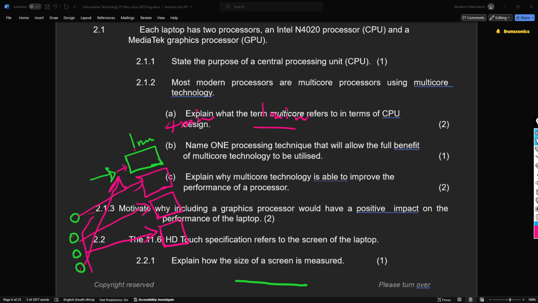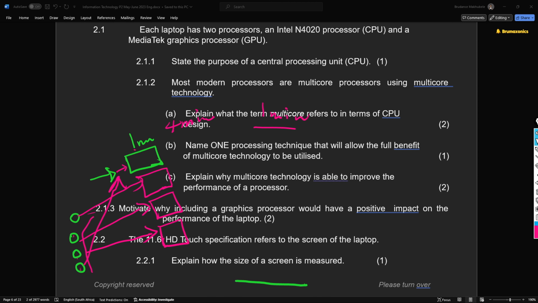So the better the GPU, the better the graphics that you're going to see on the screen in terms of the performance, the 4K, the quality of the video that you are perceiving on the screen is actually determined by this, and also the processing or the calculation of these instructions while it's happening.